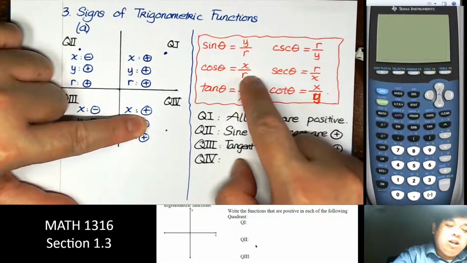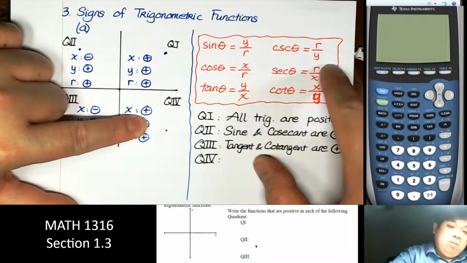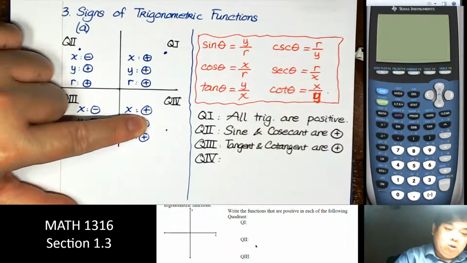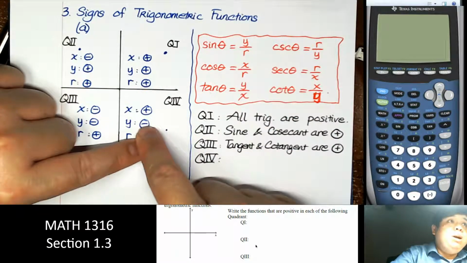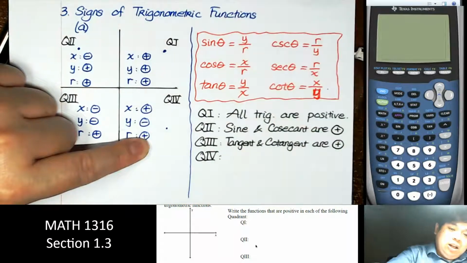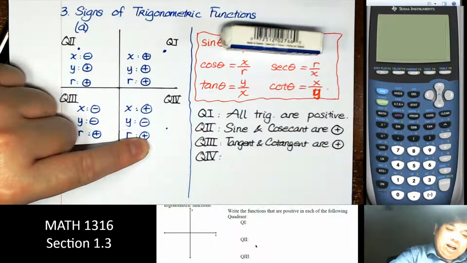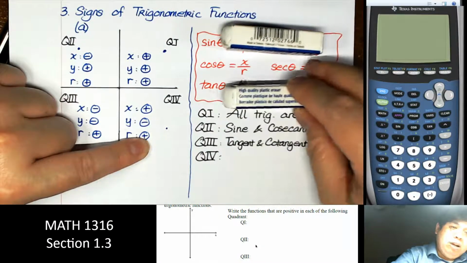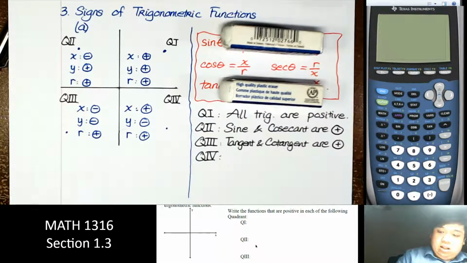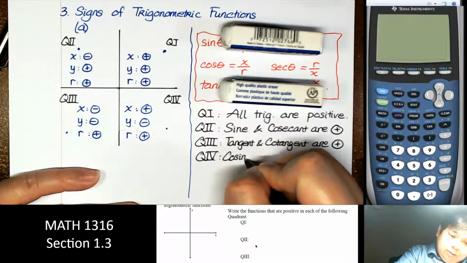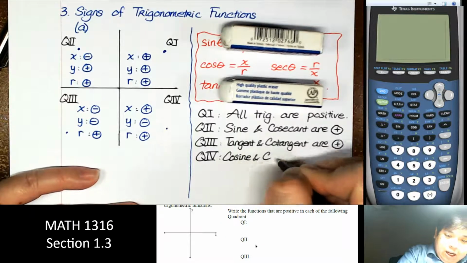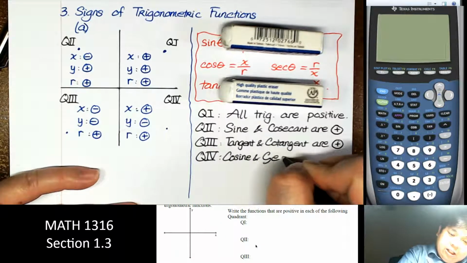Positive divided by positive is positive. However, if we have y in it, that will be negative. So anytime we have y, it will be negative. So what's left is cosine and secant. Sorry.